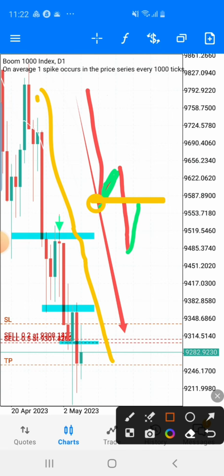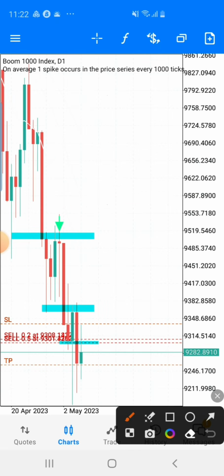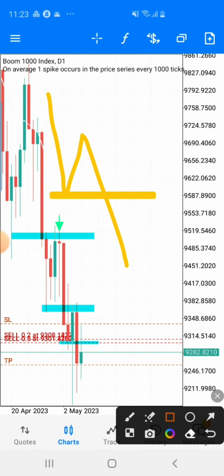So let me delete this and go again. The price pushes to the downside, pushes up, pushes down. You are going to mark out this point as your support zone, now converting to resistance. If the price retreats back to this zone, that's the point I will start looking for entry to sell to the downside.